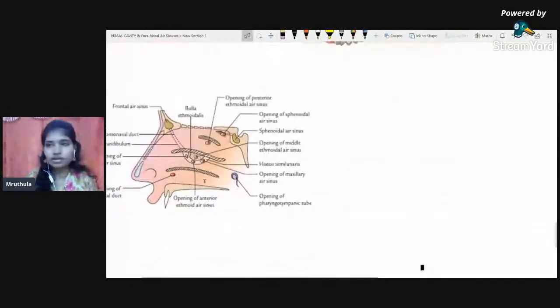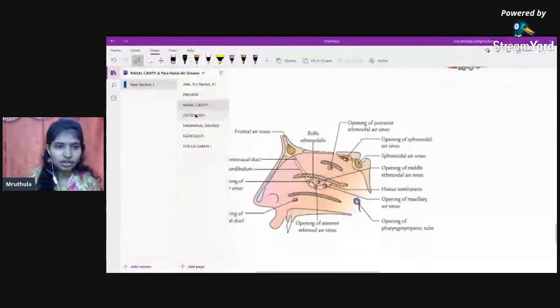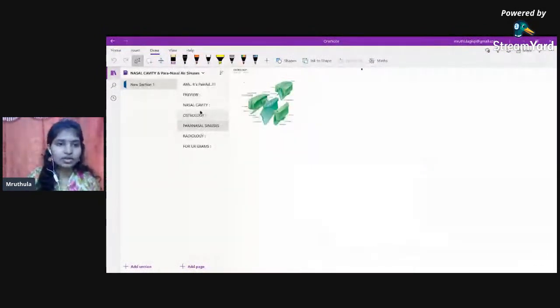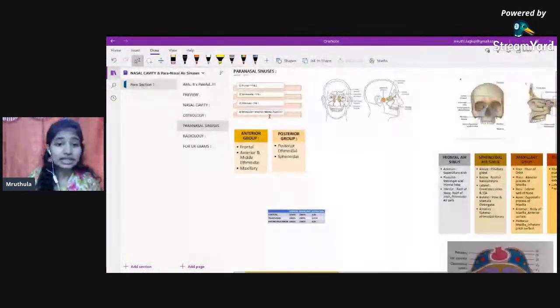Right. So now that you have a good orientation of the nasal cavities, we are going to have a look at the sinuses, the paranasal sinuses.